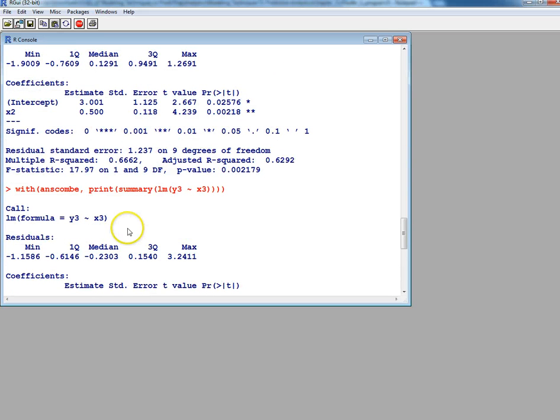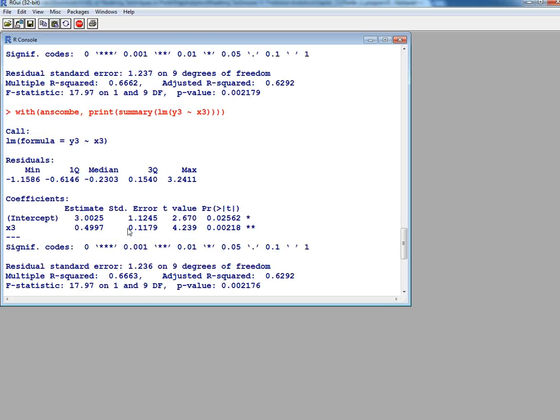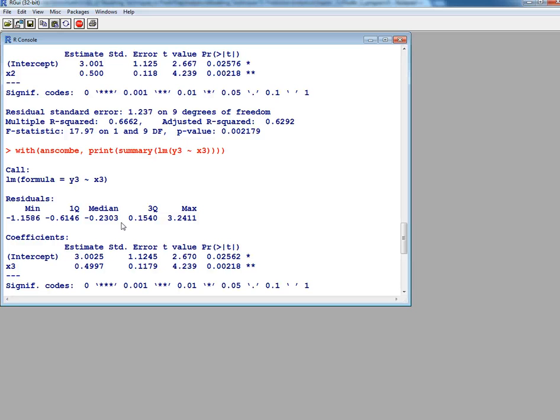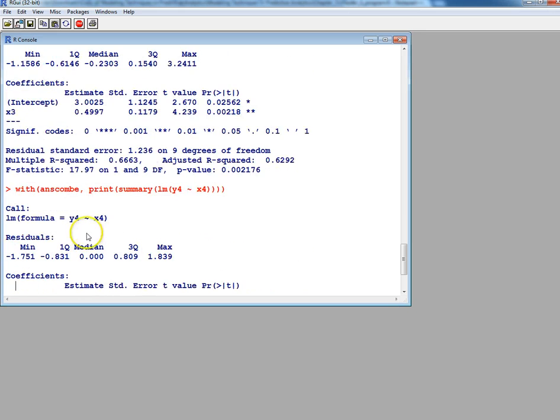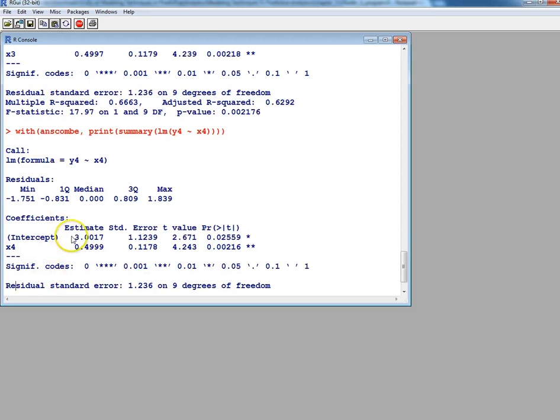What about the lines for each of these? What did you find out? Tell me what you get. They're all the same, right? It's 3 and 0.5 here, and the next one was 3 and 0.5 basically here, and so on. 3 and 0.5 basically here. Does everyone follow what we've done?